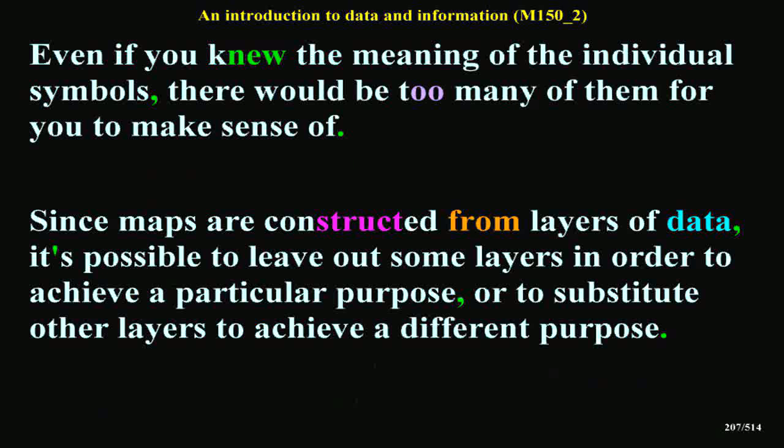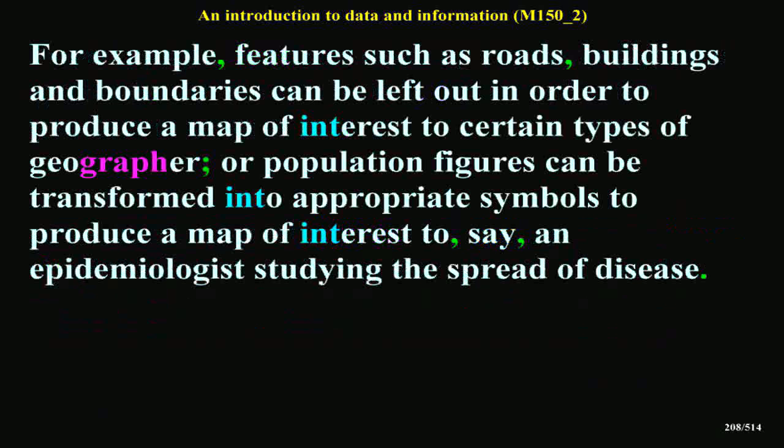Since maps are constructed from layers of data, it's possible to leave out some layers in order to achieve a particular purpose, or to substitute other layers to achieve a different purpose. For example, features such as roads, buildings, and boundaries can be left out in order to produce a map of interest to certain types of geographer.